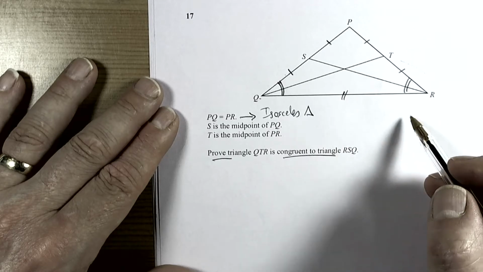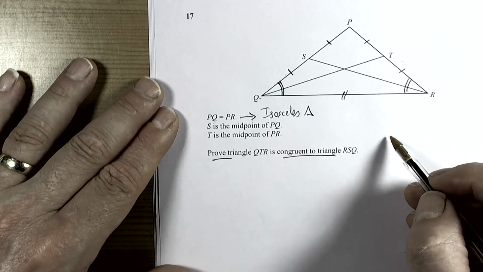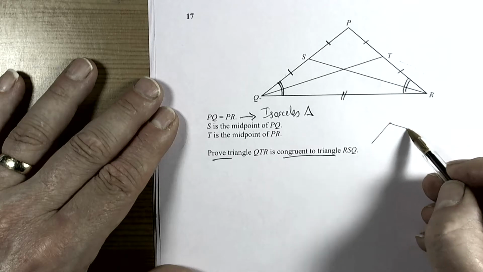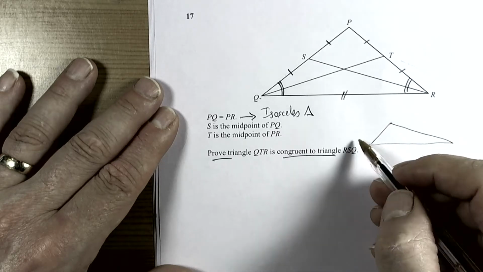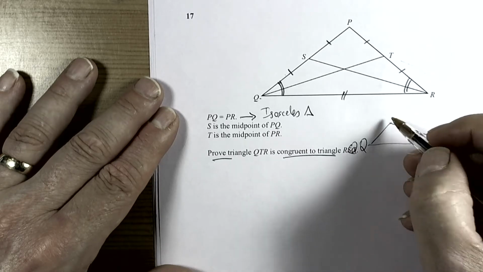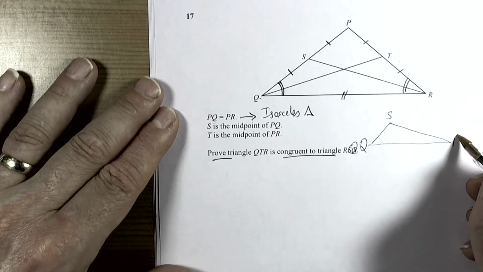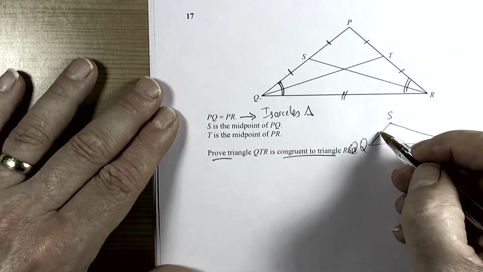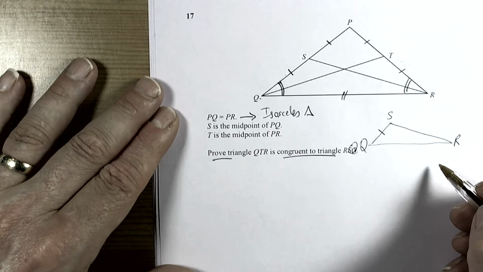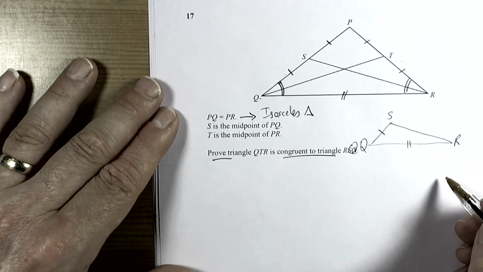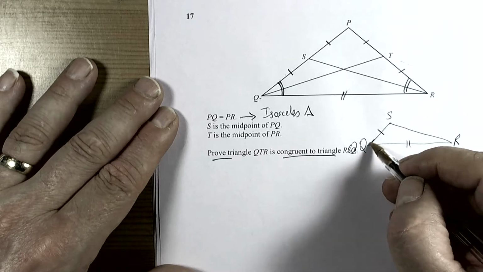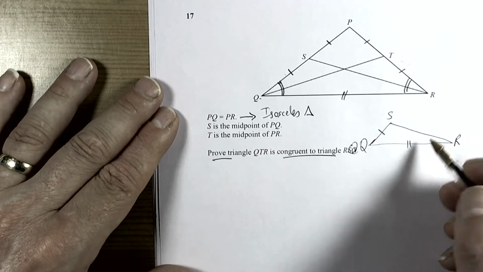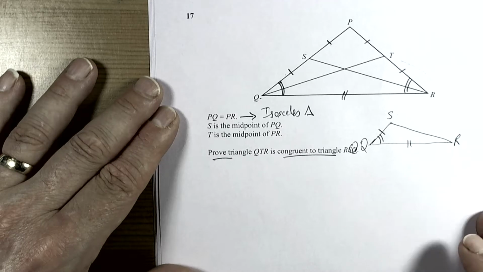So straight away, if we look at the two triangles, we've got QSR. Well, we know that that length is that, and we know that QR we defined as that length. Okay. And SQR, well, we know that that's the angle there.